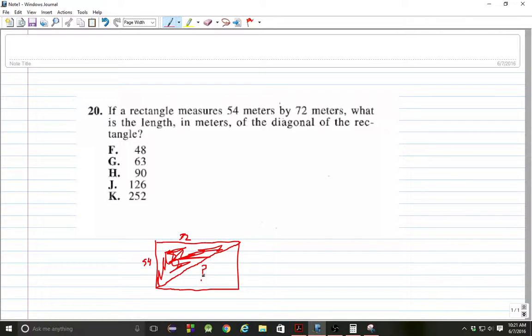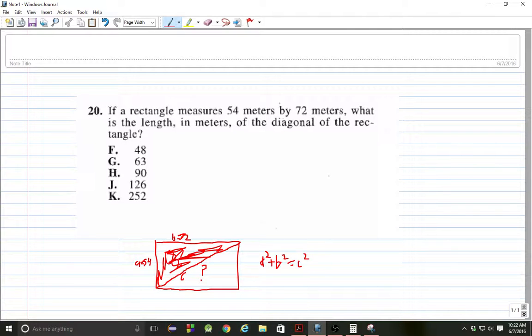So in order to figure this out, we use something called the Pythagorean theorem. A squared plus b squared equals c squared. C is the hypotenuse and A and B are legs. This diagonal over here is the hypotenuse. So A is 54, B equals 72.